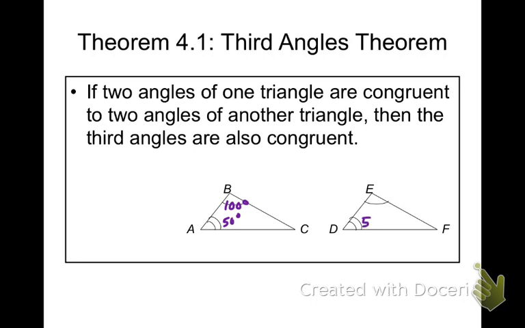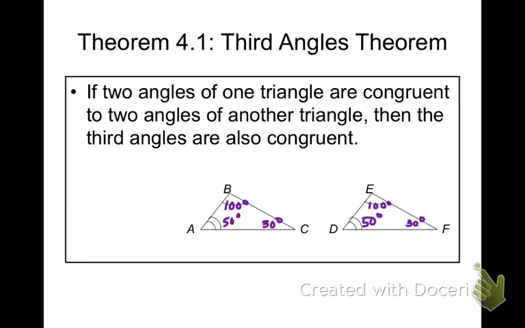D would be 50, right? E would be 100 because they're congruent. Well, what does C have to be? You guys said it earlier. That would be 30. What would F have to be? 30. So is it true then that C is congruent to F? Yes.